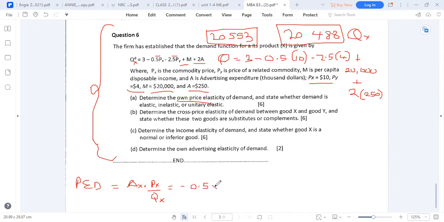Negative 0.5. Good. And the price for good X? It's 10, correct. And quantity of good X? 20,488. Correct. And when you compute that, what are we getting?